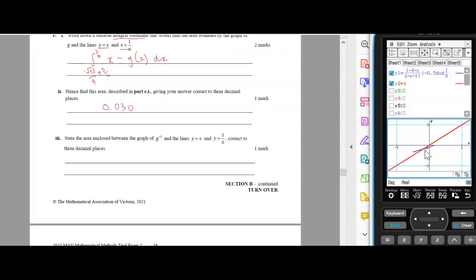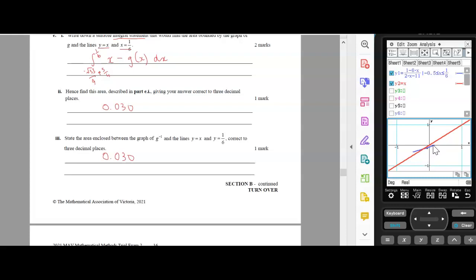So this blue line is going to be reflected. So the part that is underneath it is now going to be above it, but it's going to be symmetrical. So your answer to part 3 is the same as part 2. So it's just 0.030 because I can't draw on my calculator, but that blue line gets reflected.